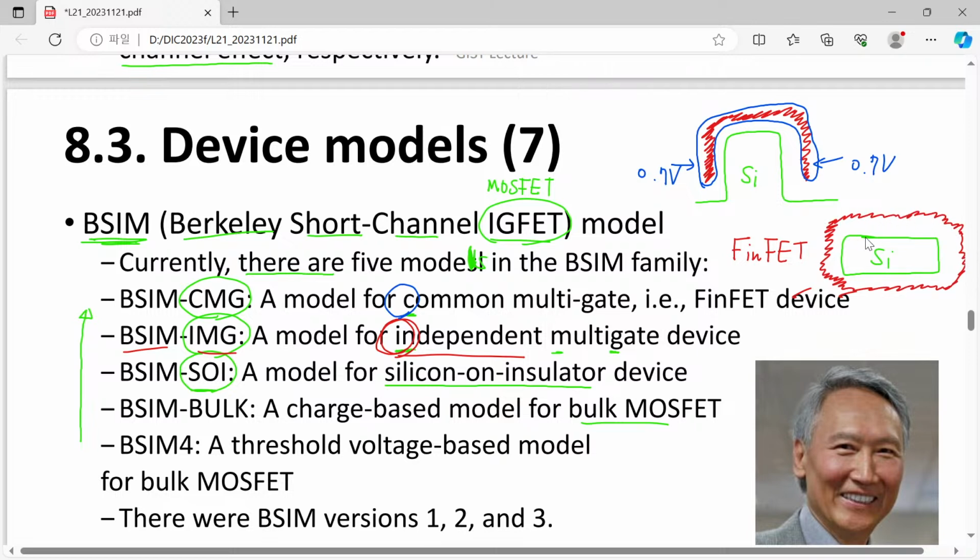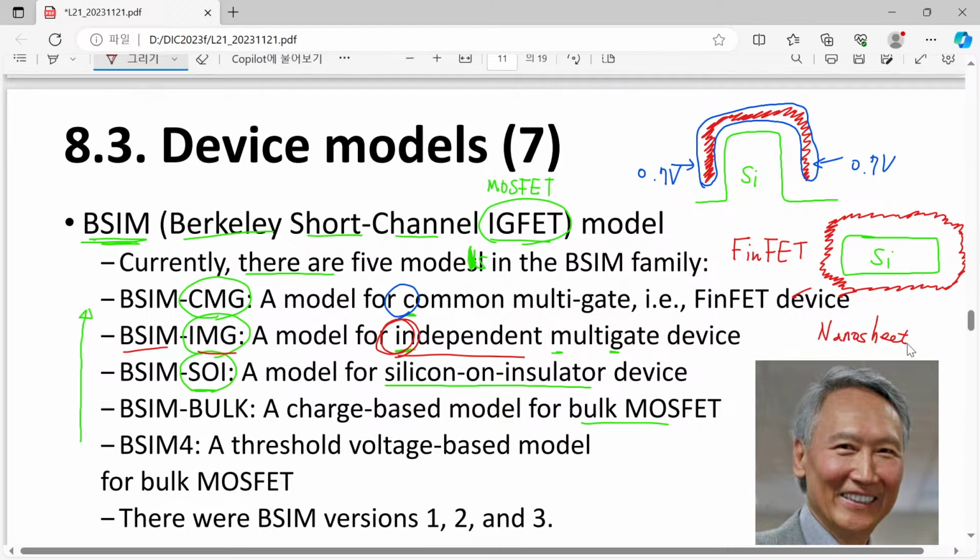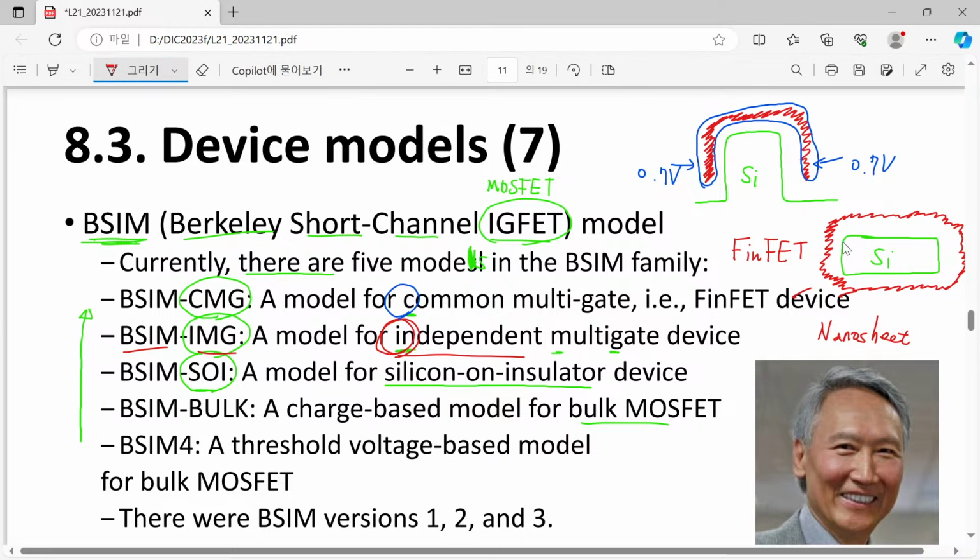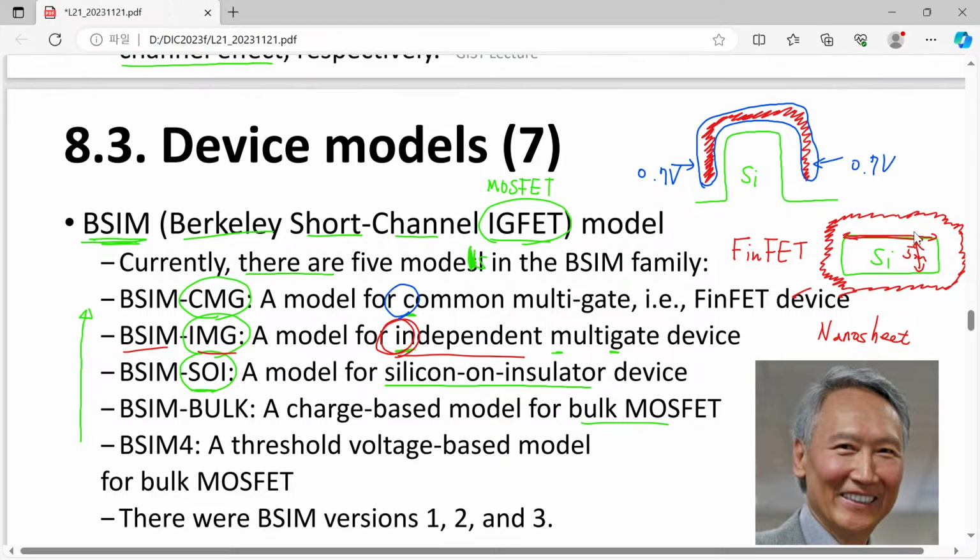Of course, between them we have insulators. This is called a nanosheet transistor because this silicon is really nanometer size: its thickness is just around 5 nanometers and its width is several tens of nanometers.